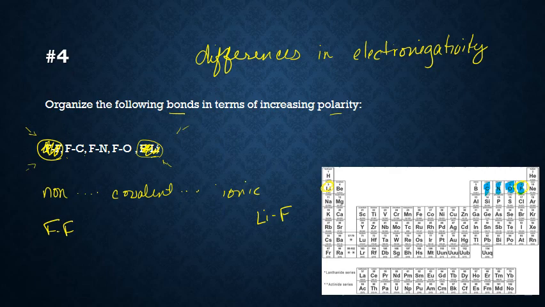Well, if you said the oxygen-fluorine bond has the smallest difference, you are correct. So, fluorine and fluorine would be less polar than oxygen and fluorine because oxygen and fluorine are pretty similar. And then after that comes nitrogen and fluorine. And then we have carbon and fluorine. The farther apart, the bigger the difference in electronegativity, the less well they share.